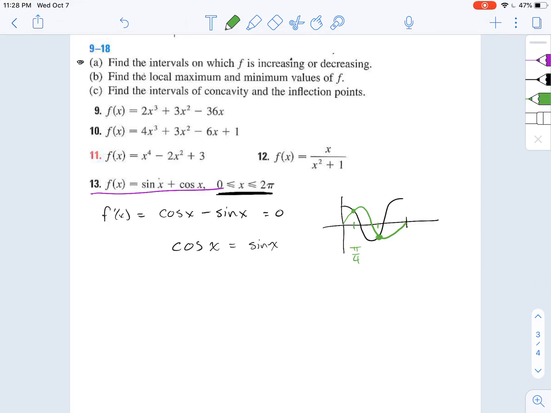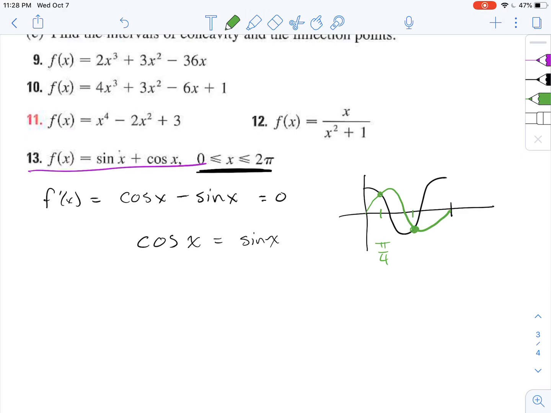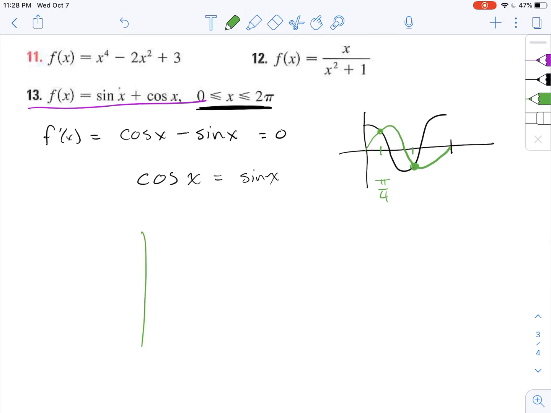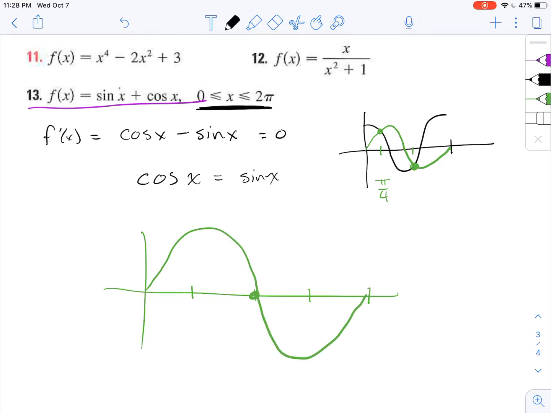I'm actually doing this outside right now, and I don't have anything but my iPad with me. I'm going to draw this again. So sine looks like this. Cosine looks like, let's see, it starts up here.